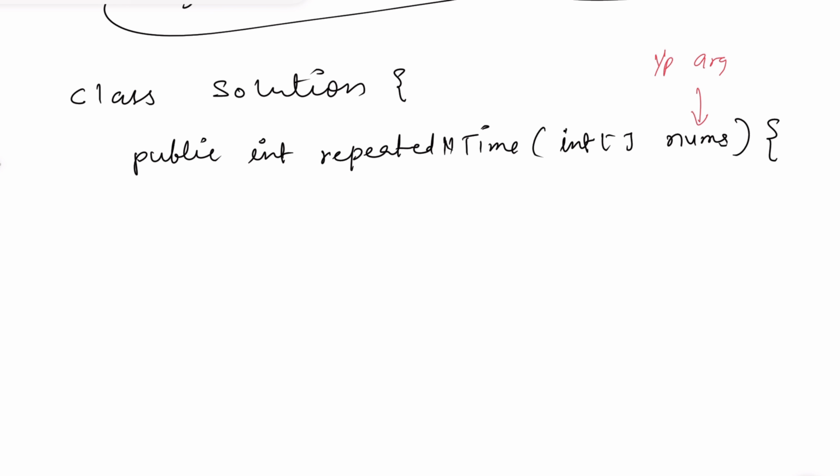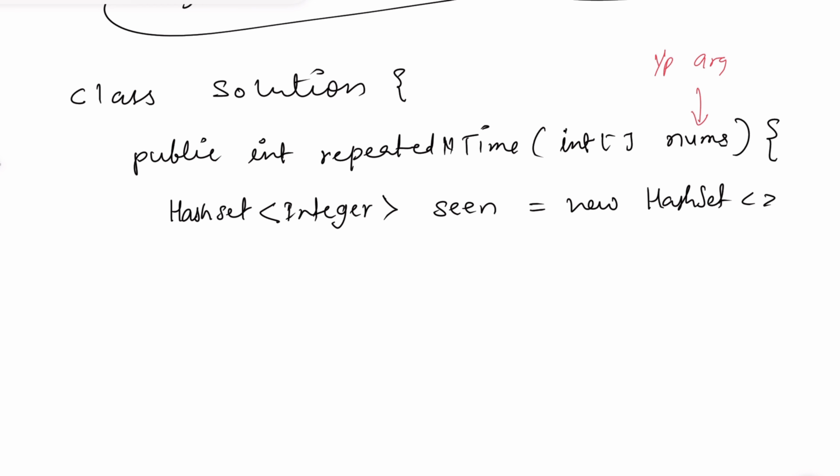As I told you, we should write the hash set. We'll write a HashSet of Integer type, call it seen, and say new HashSet. Now make a for loop and iterate over the elements: for num in nums.